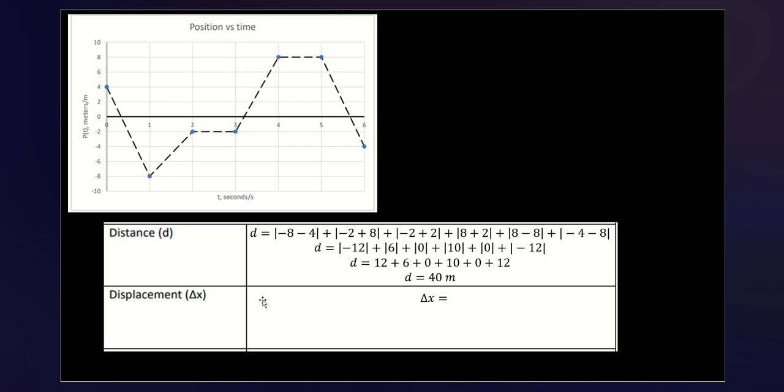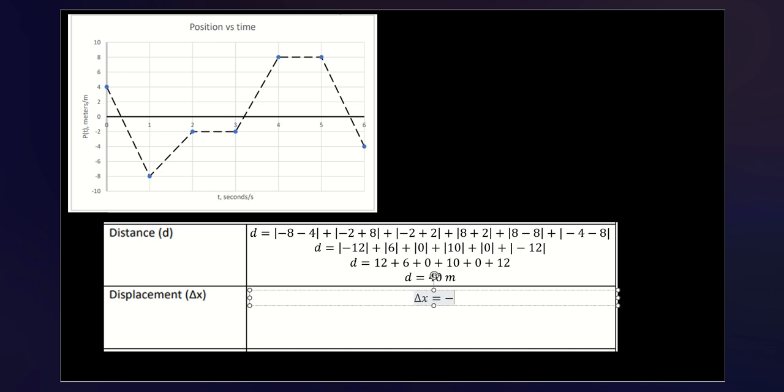Displacement, that's always going to be much easier. All we care about is our final y position and our initial y position. And this can be positive or negative, therefore we're not going to have absolute value signs. So, our final y position, when our object is done moving, is at the negative 4 mark.